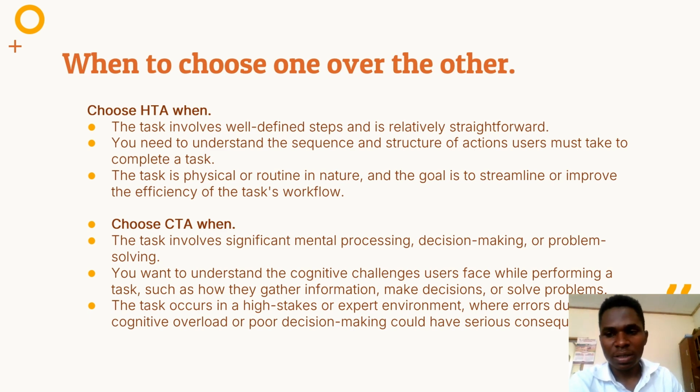For this we mean, if the decision making on a given task would create a serious consequence due to poor decision making, we would rather choose CTA other than HTA. Okay.